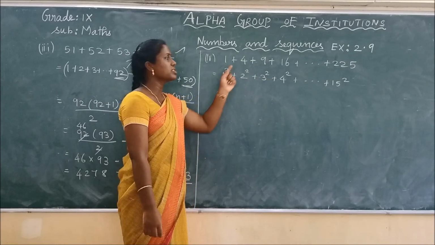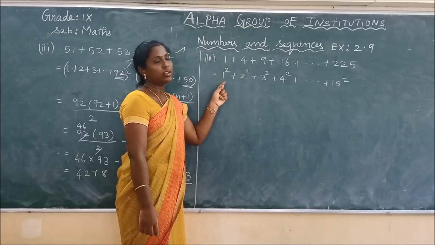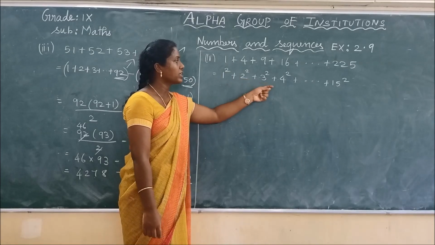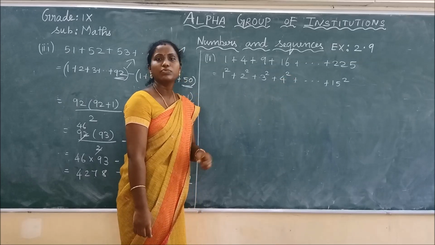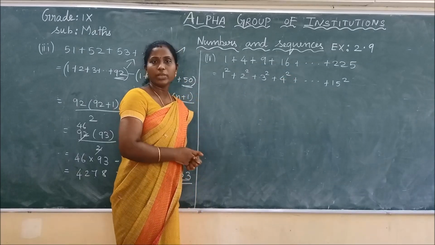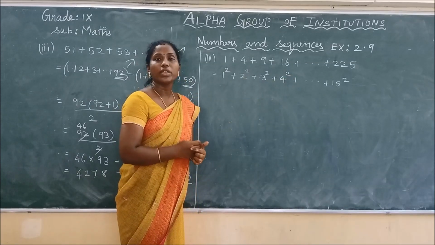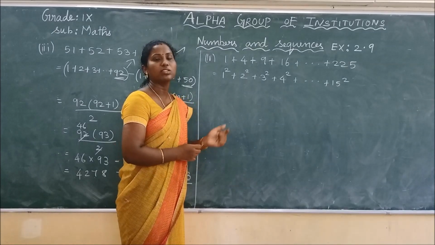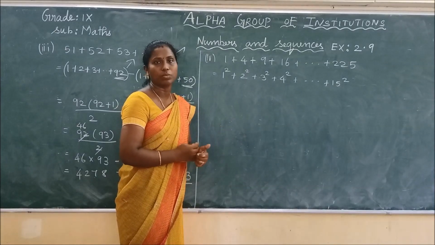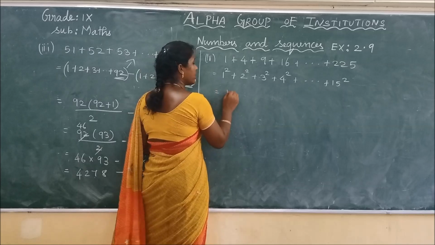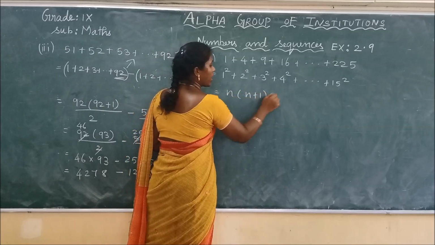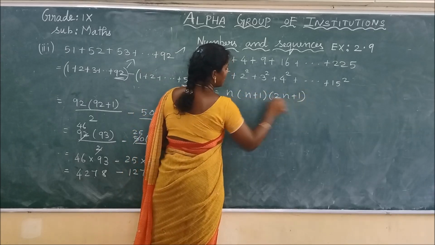Square numbers all around means just rewriting the series in the form of squares: 1 square, 2 square, 3 square, 4 square up to 15 square. Now tell me, what is the series? Squares of natural numbers. So what is the formula we have to use here? n into (n plus 1) into (2n plus 1) by 6.